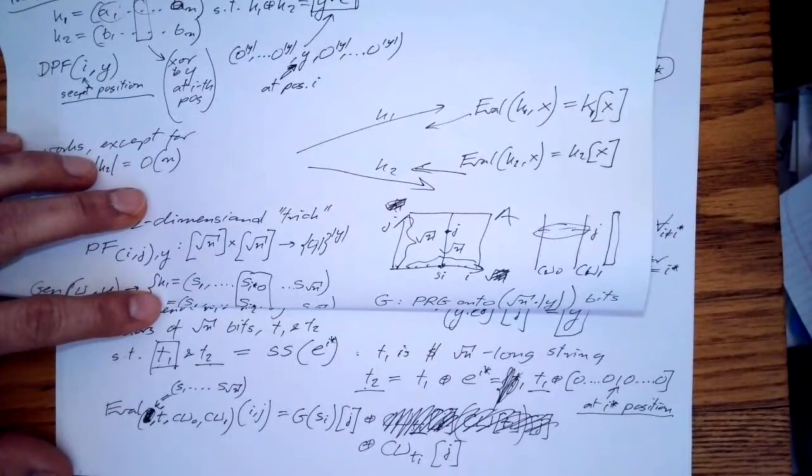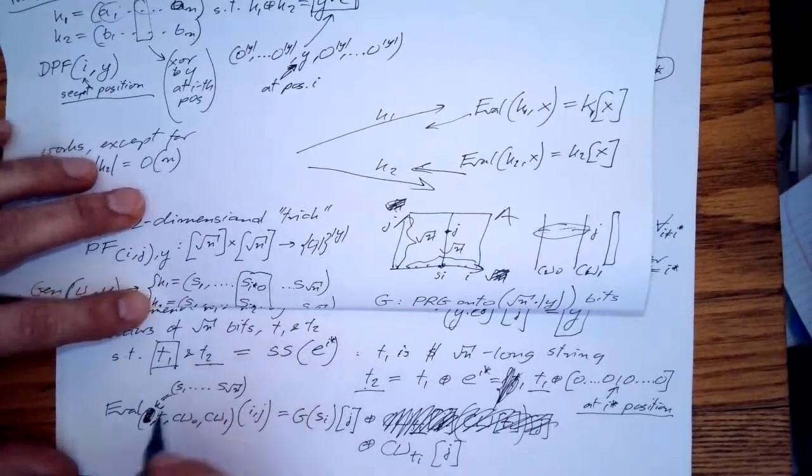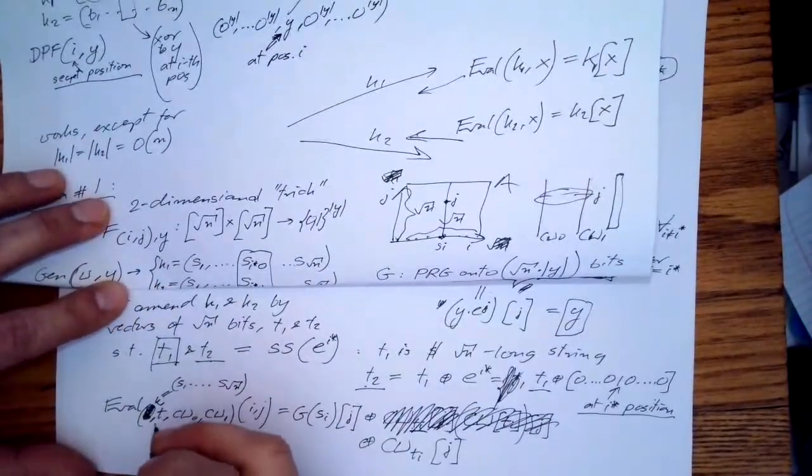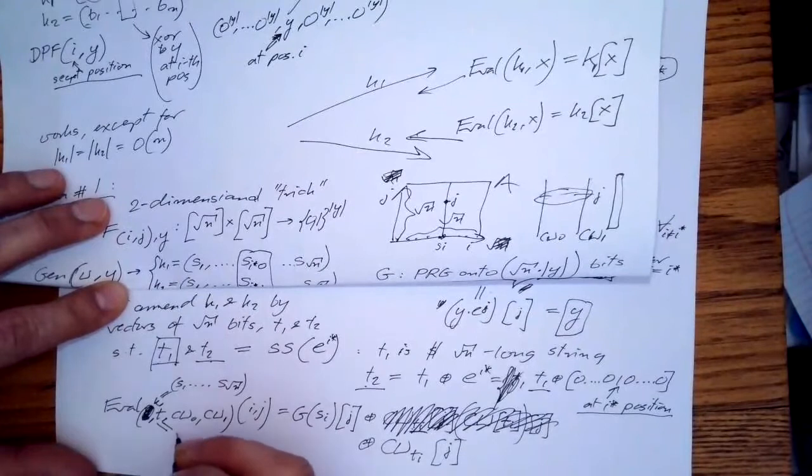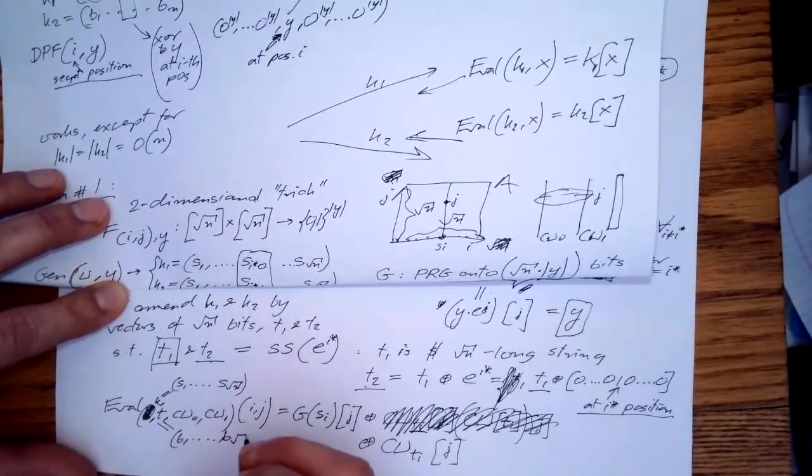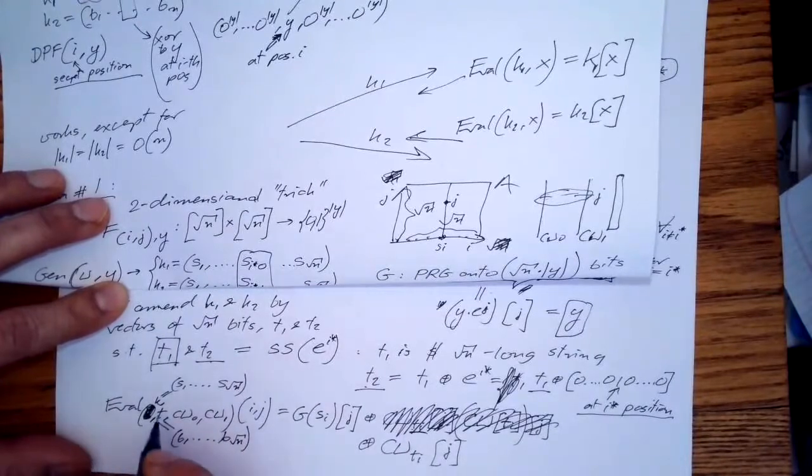Okay, so both CWs are being given to both parties. Let me do the same indirection here. Let's call these bits b1 through b square root of n. So T is a sequence of bits.